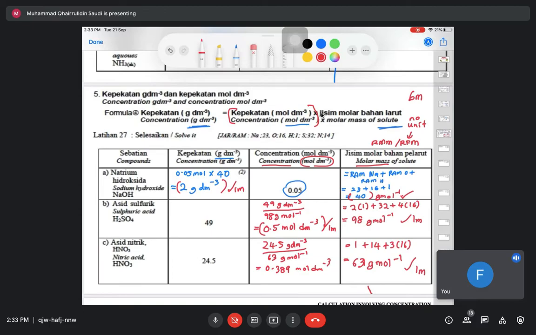So your answer at least must be 0.389 mole per dm cube. Or if you take more, 0.3889 mole per dm cube. Okay. Don't take less than 3. Get yourself used to taking answers with more than 3 decimal places. Usually 3. If there is a 0 in front, usually 3 decimal places.